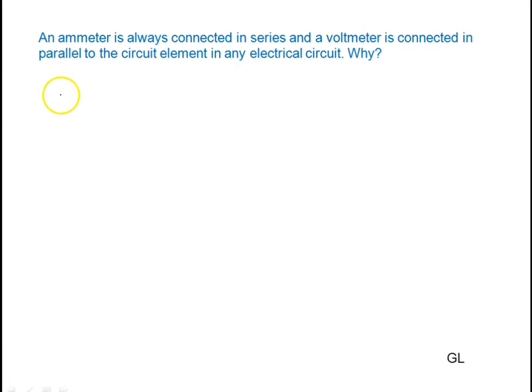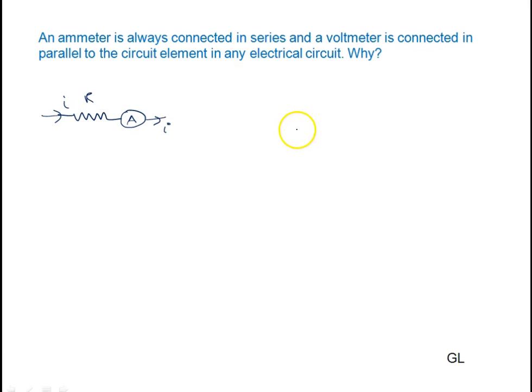Okay. Here it is written that an ammeter is always connected in series. Suppose this is the resistance R, and we want to measure the current which is flowing through it, that is I. We put the ammeter in series. All of you know the reason is that this ammeter has low resistance, and we say zero resistance. So whatever current is passing through R, that same current will pass through this ammeter also, and the ammeter will measure the same current which is passing through the resistance.